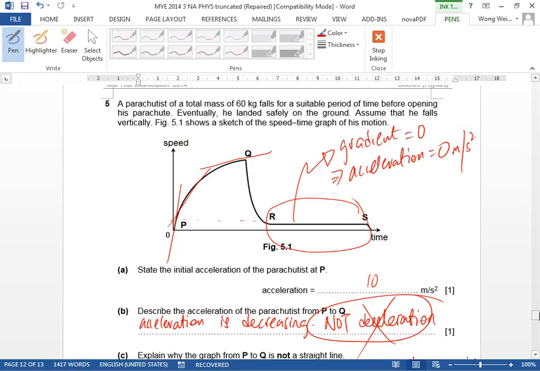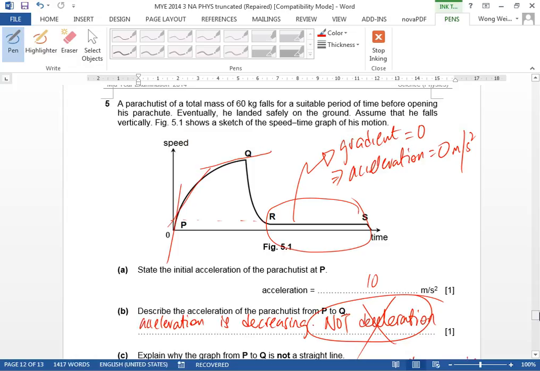That's it. So look carefully at how I'm writing it up. Magnitude of air resistance equals magnitude of weight. All of you agree with this?